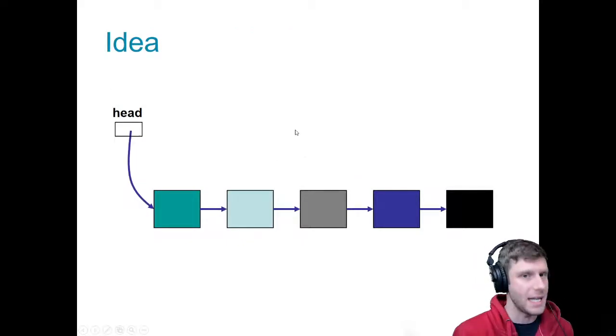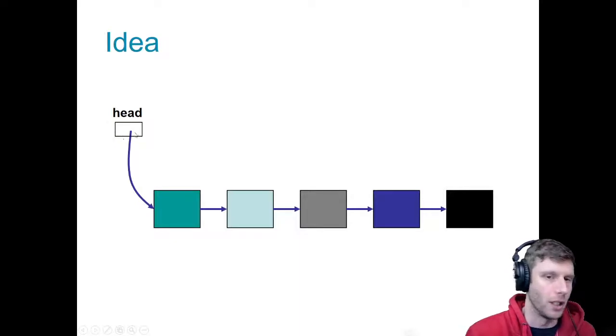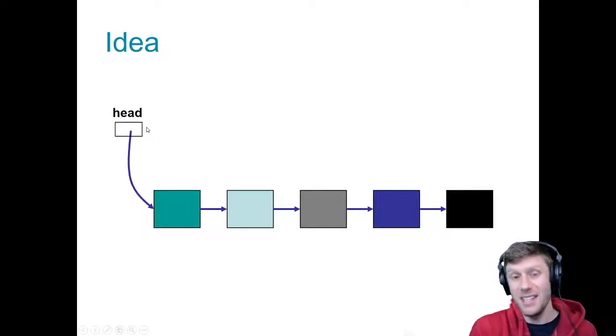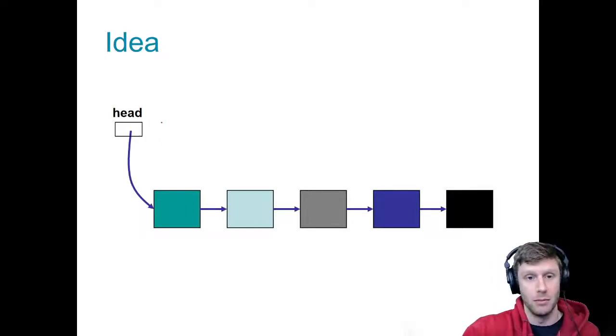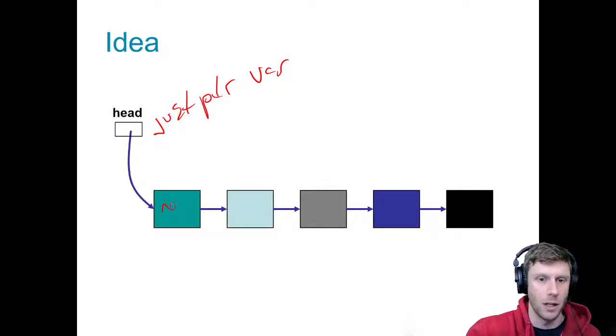So here's the idea. I'm going to have some variable that's a pointer. Let's say I call it head. This is a typical variable name for it. This right here is just a pointer variable, a variable with a pointer, so a memory address to the first node. This is a node.